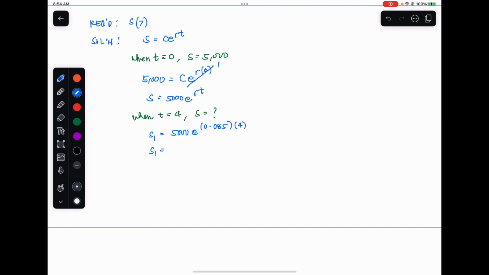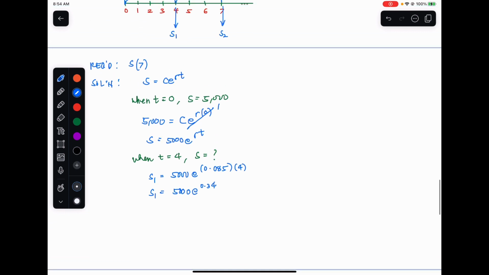So S1 would be 5,000 e raised to 0.085 multiplied by 4, and that is equivalent to 0.34.